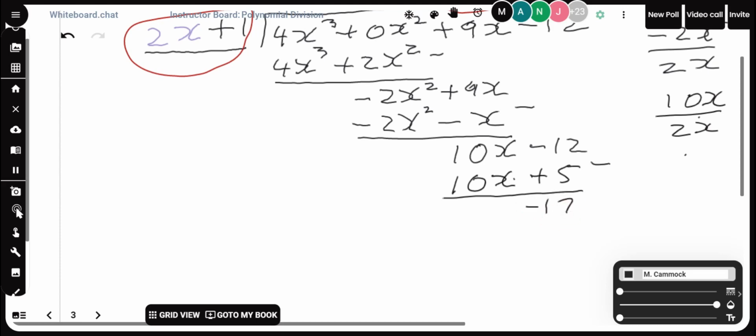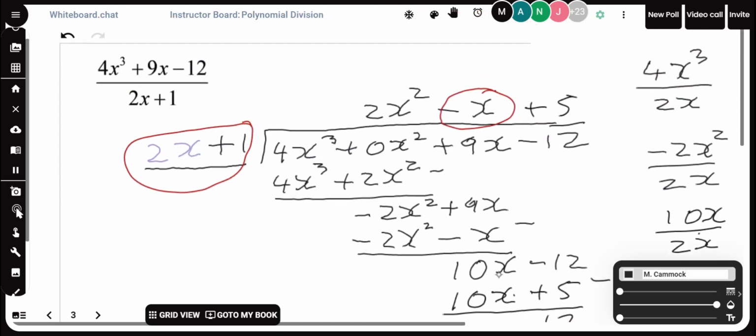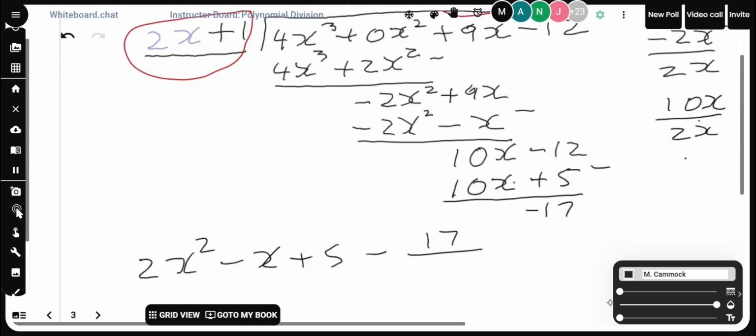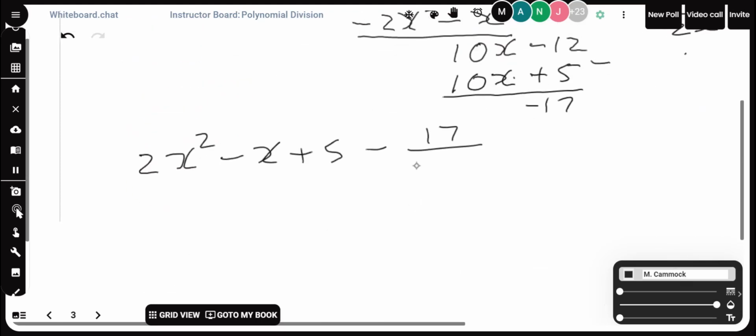So now, when I write this in what we call quotient form, it should look like this. I have 2x squared minus x plus 5, minus 17 over the 2x plus 1.